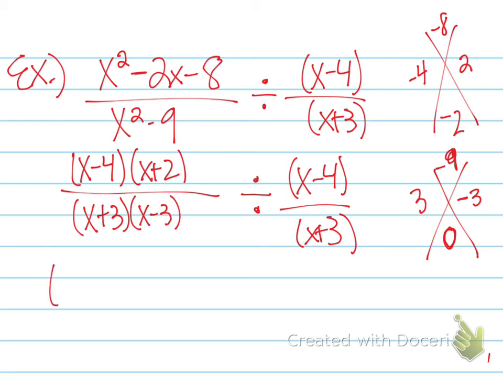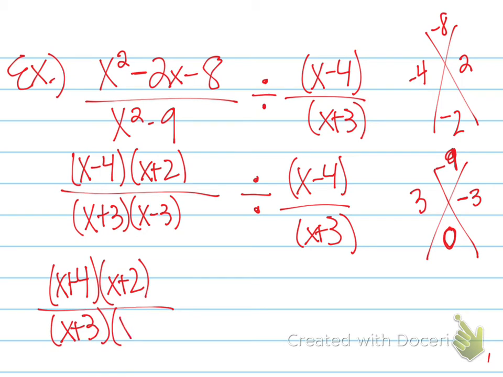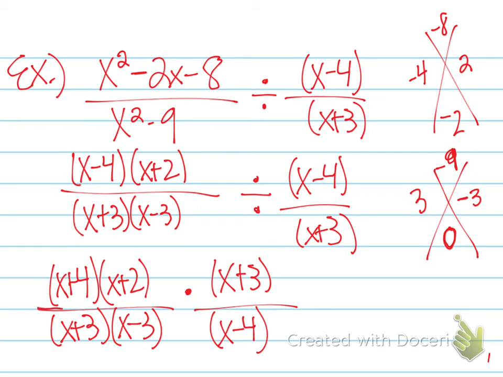Now we keep the first one. We change the sign and we flip the last one. So if I want to multiply these together, I'm just squishing it all together. Now I can cross out this x plus 3 and this x plus 3.